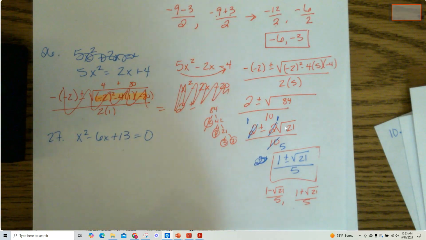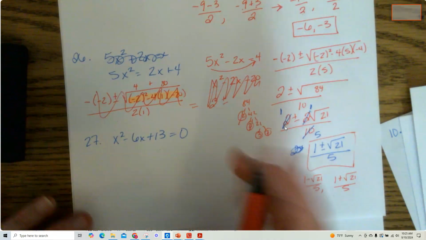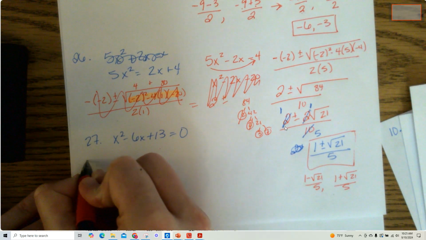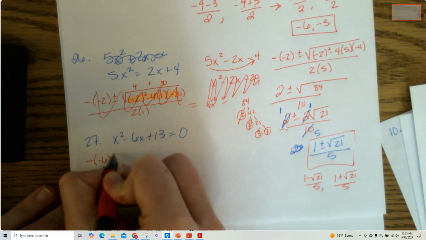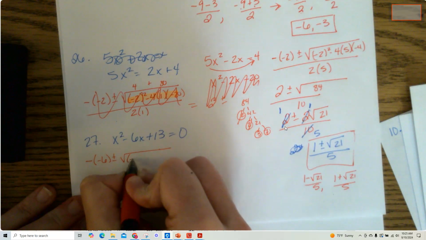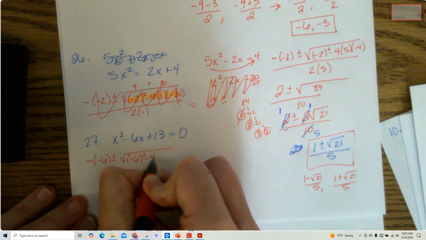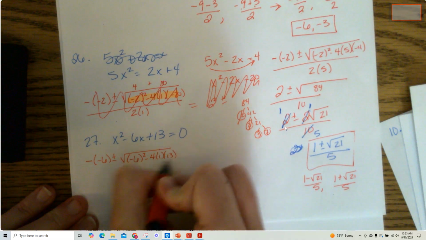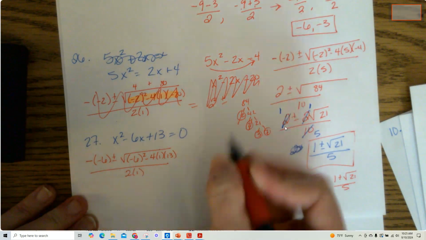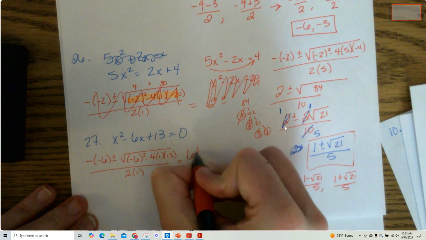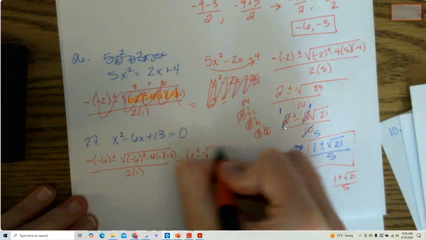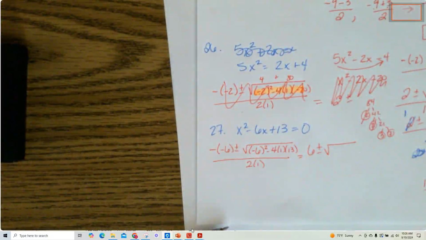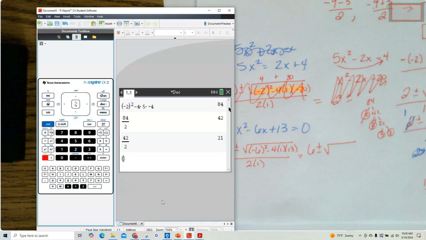Last one, there's nothing I can multiply together to get a 13 that would also give me a negative 6. So, quadratic formula. Negative b plus or minus the square root b squared minus 4 times a times c over 2a. Negative negative 6 is a positive. And then I'm going to simplify what's underneath the radical first.